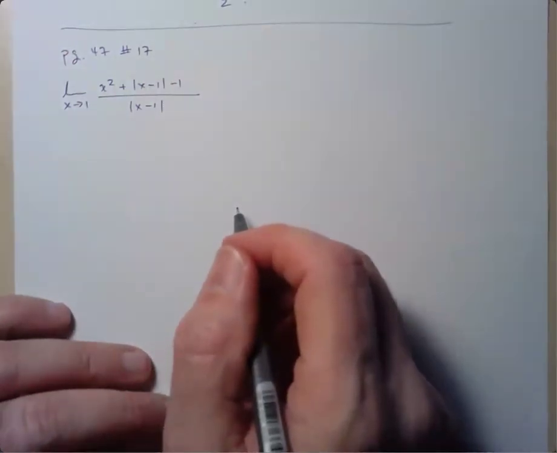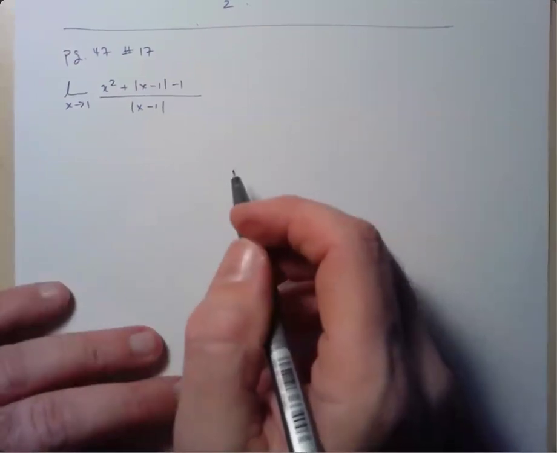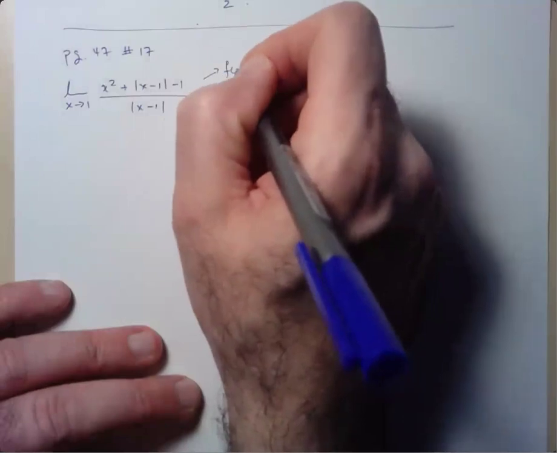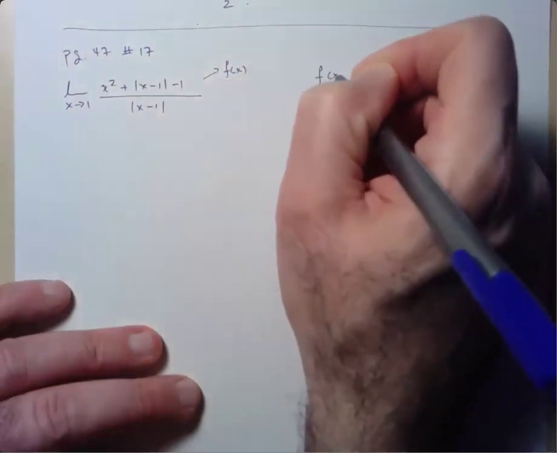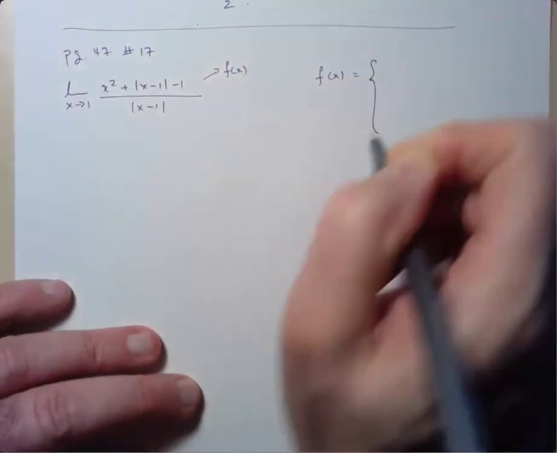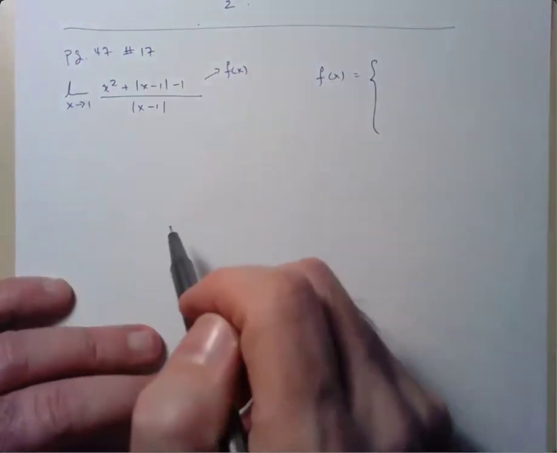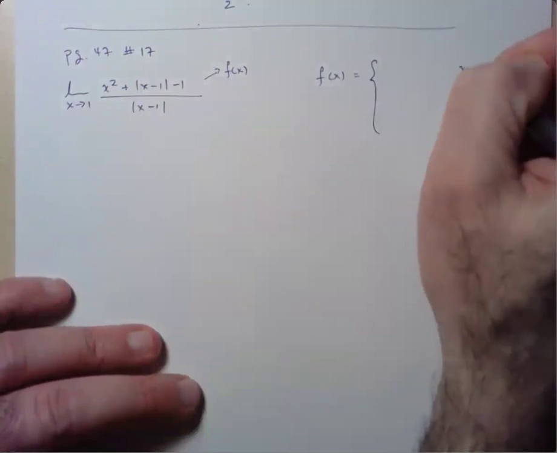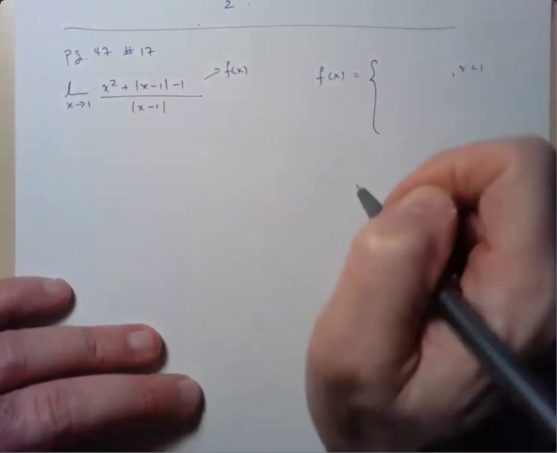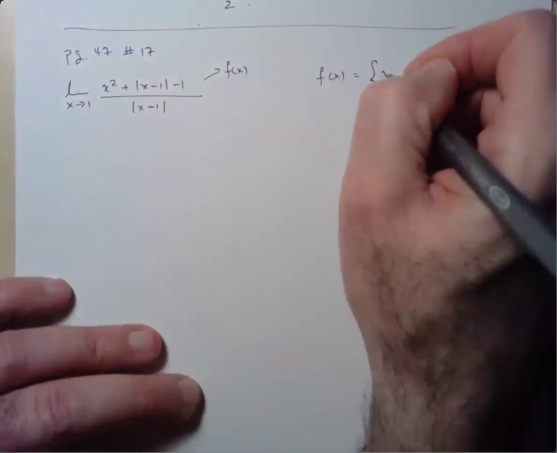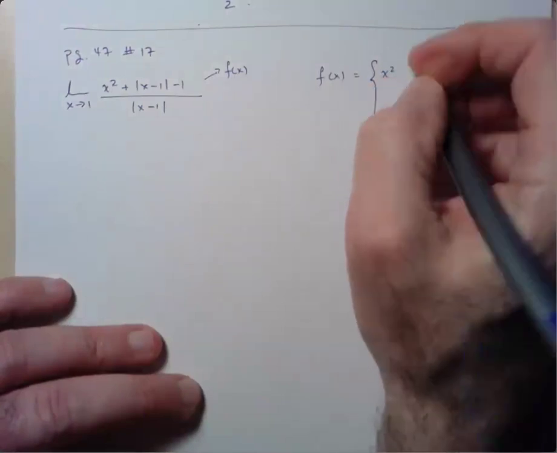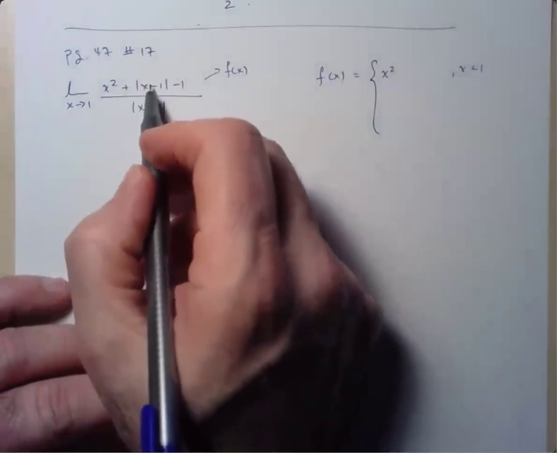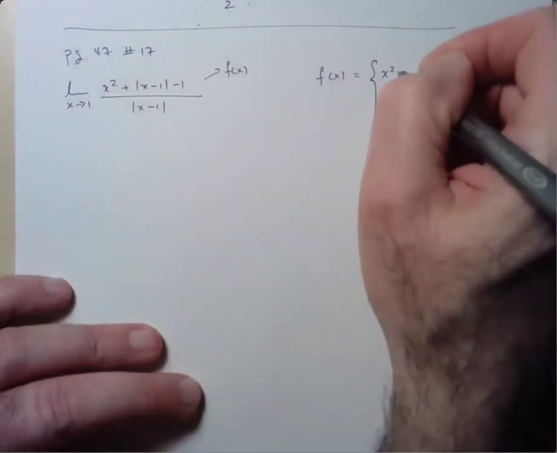Now, I'm going to take the time to write this out. If I call this f of x, let's write it as a piecewise function. Obviously 1 is going to be the key value here. So let's take x less than 1. The x squared doesn't change. Because the inside is negative, I'm going to have to put a negative in front to make it positive.